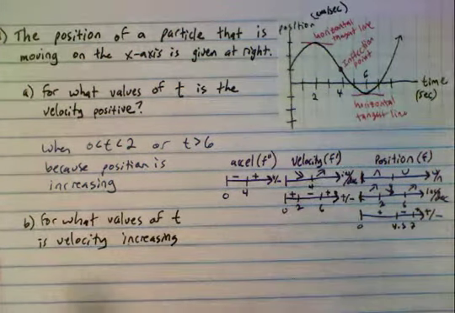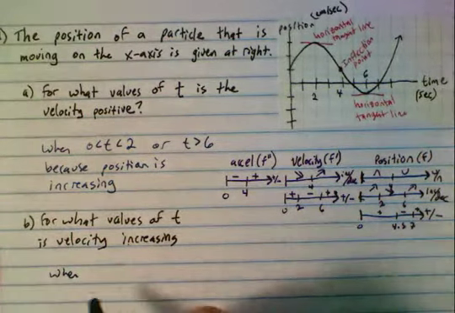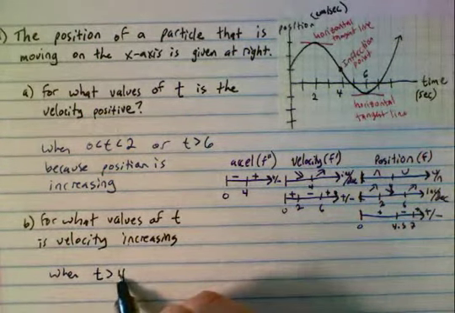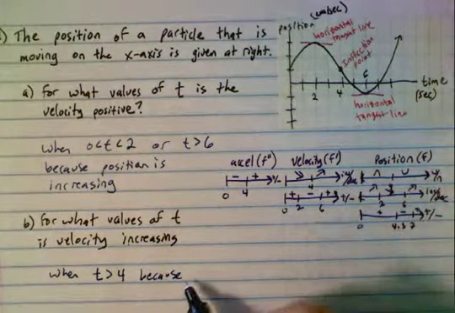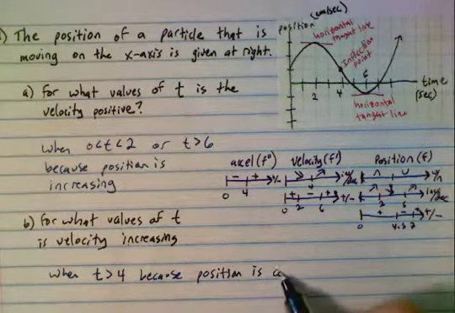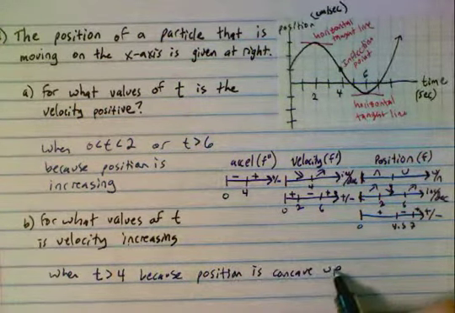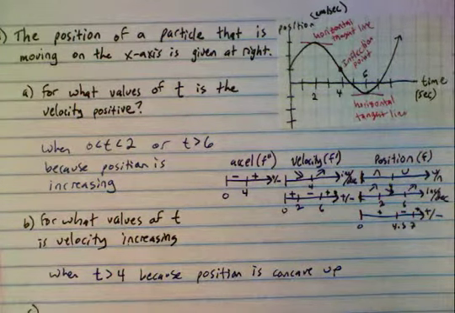Velocity increasing when, right here, t is greater than 4. Because what were we given? We were given position is concave up. And so on and so forth.